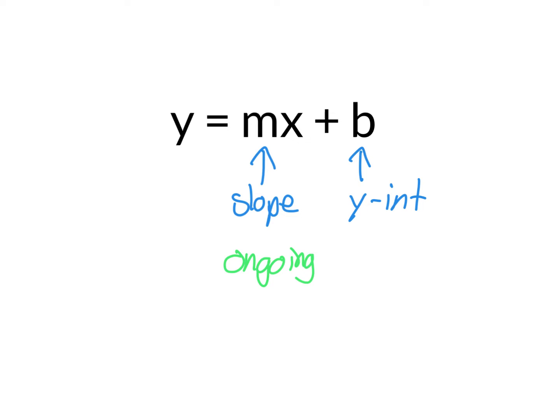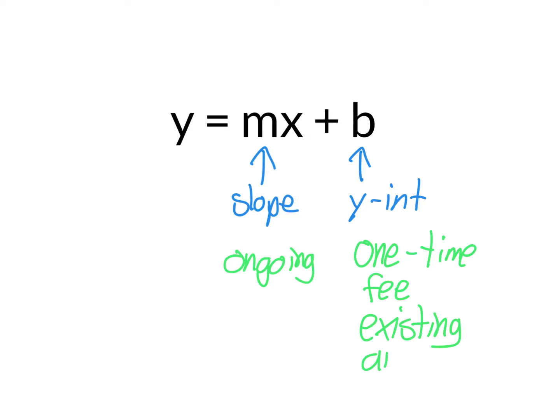And the b in our problems are going to be some sort of one-time fee or an existing amount. So we're going to see how we can write these word problems in this form in order to create a line off of that information.